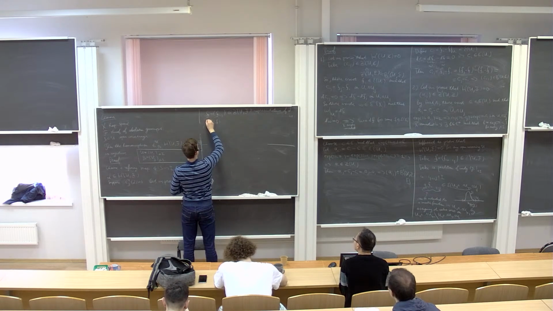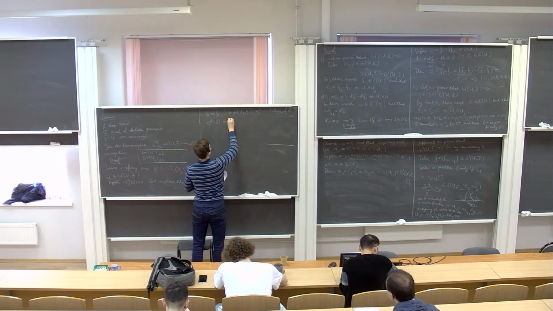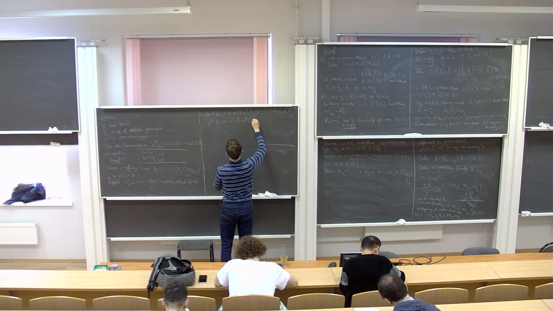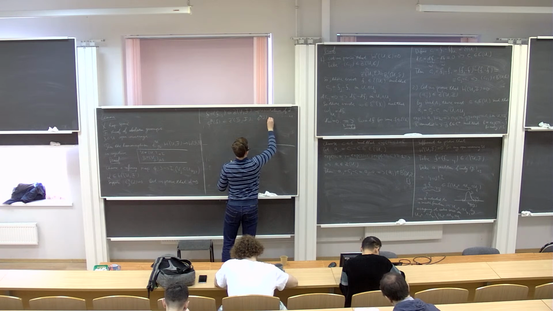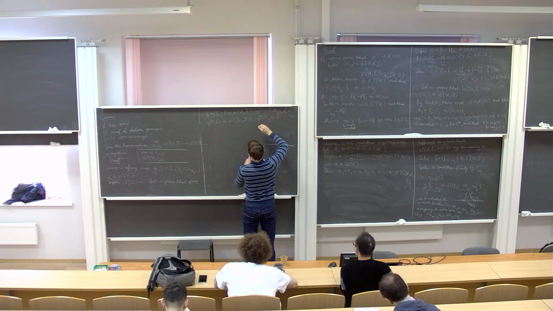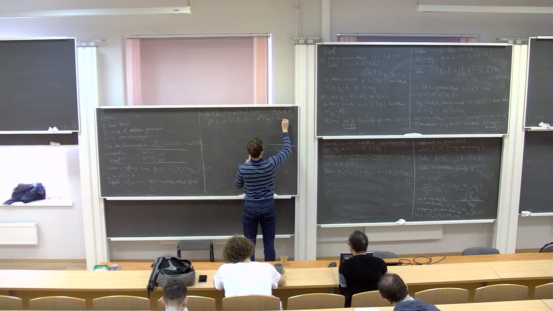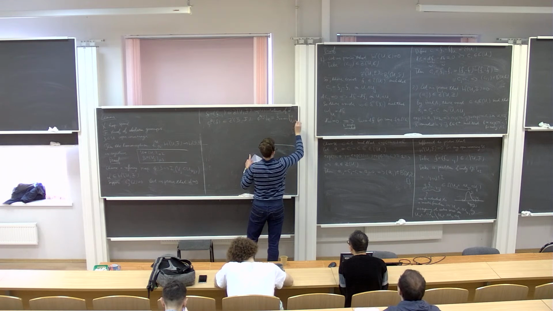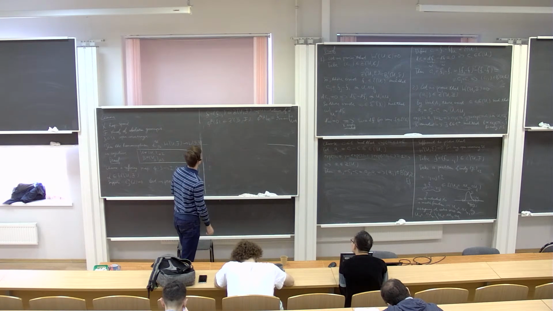So phi_ij is defined as f_{phi(k) phi(l)} restricted to V_k ∩ V_l.